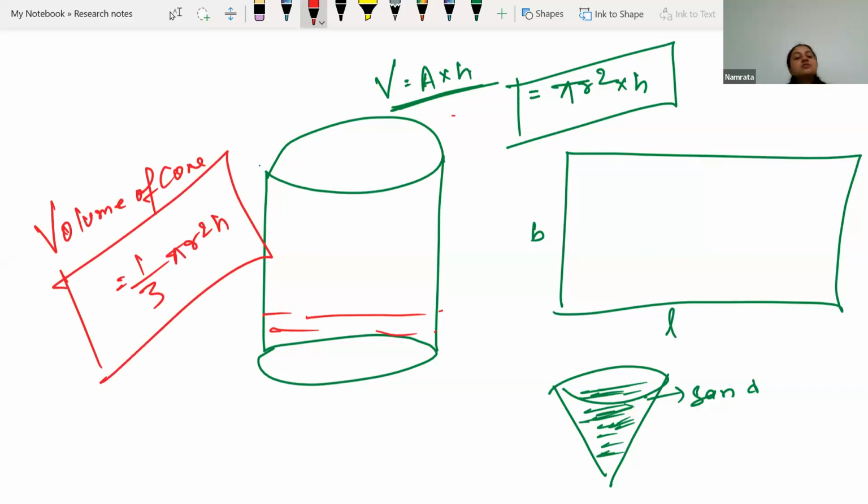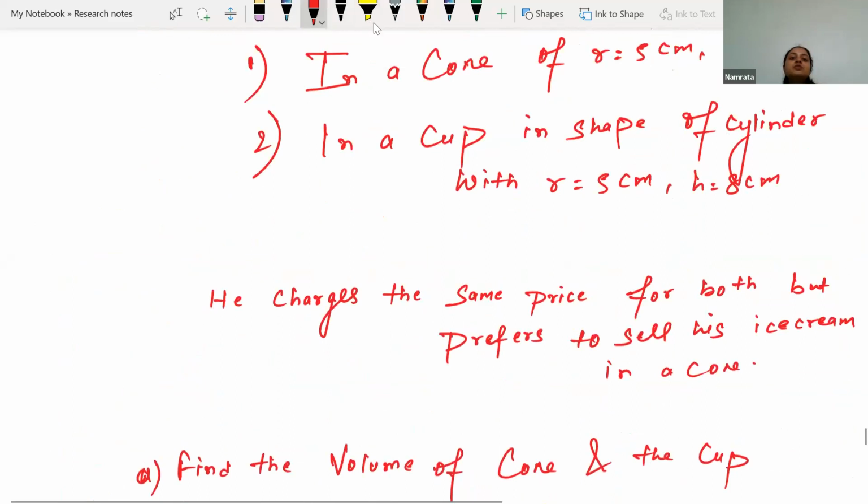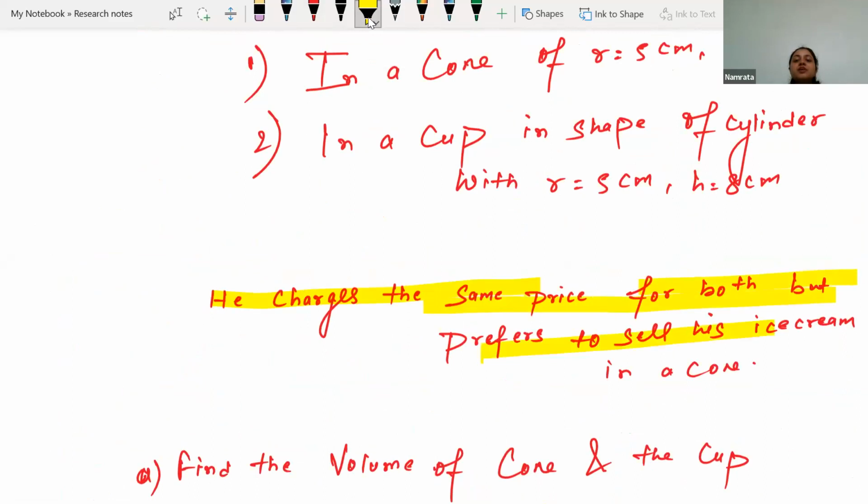This is just the formula part, we are not discussing the previous question. The previous question is over. I wanted to show you in the previous question that he charges the same price for both but prefers to sell his ice cream in a cone, because the cone occupies less volume, right? The cone has less volume when the radius and height are the same.